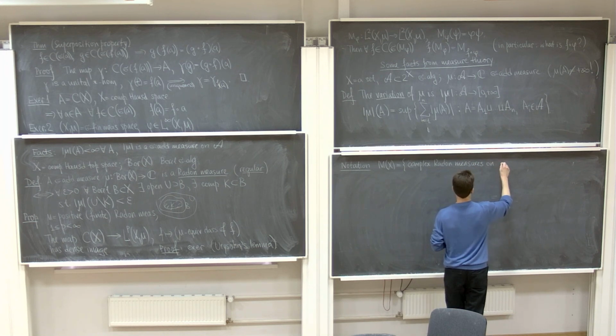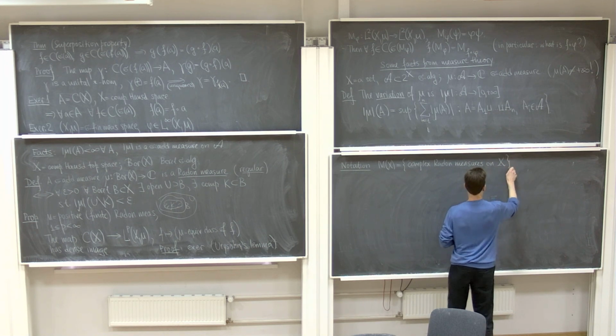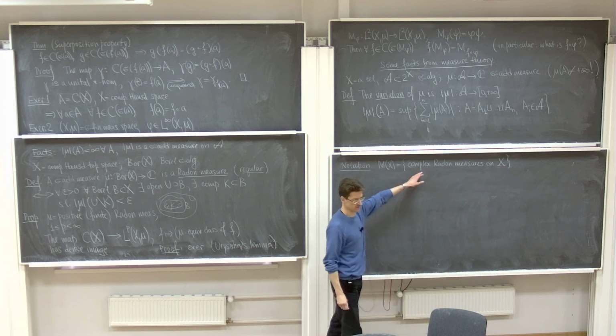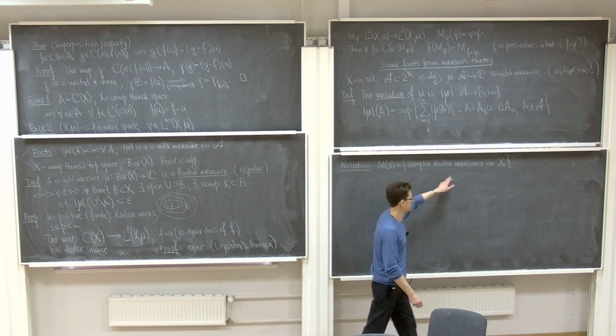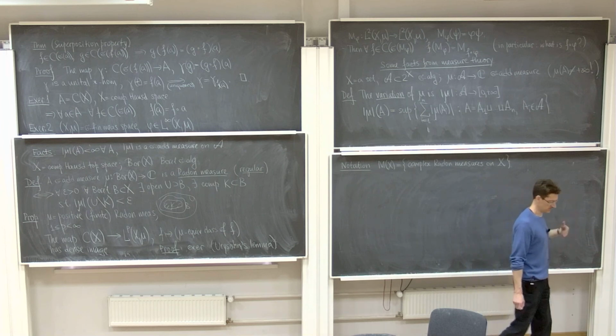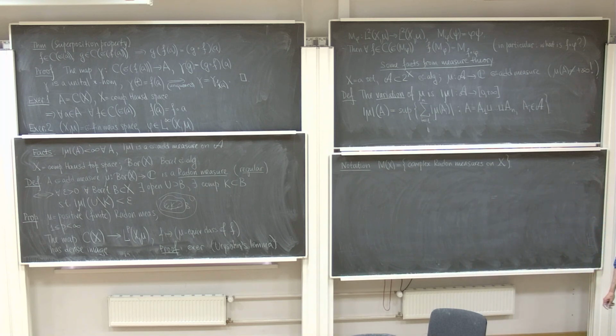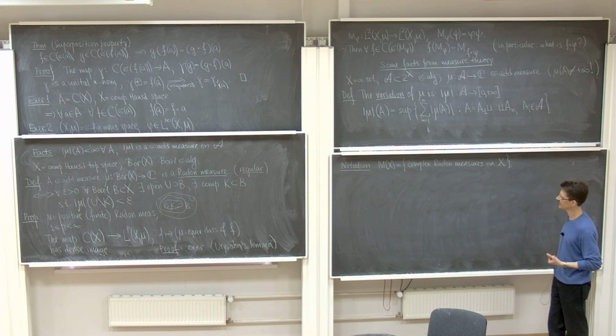Formally, they are defined on the Borel sigma algebra, but usually we say a Radon measure on X, and it's a standard abuse of language.